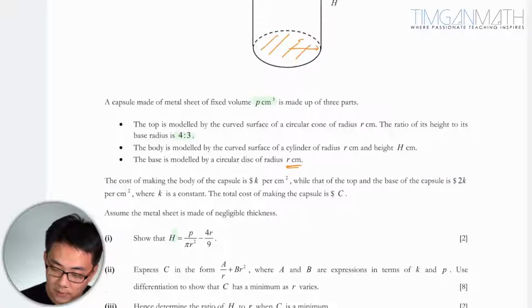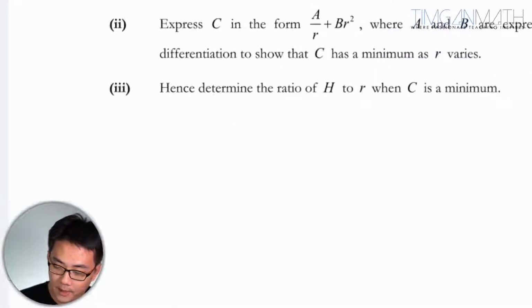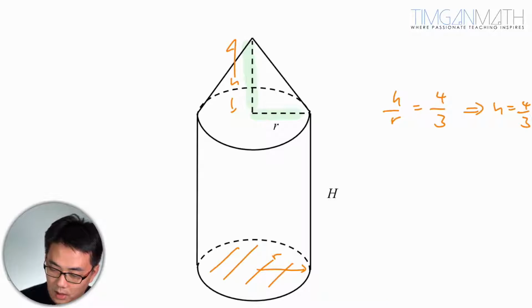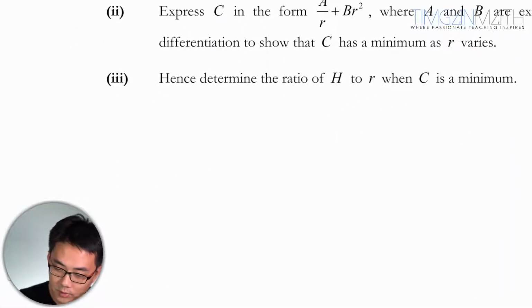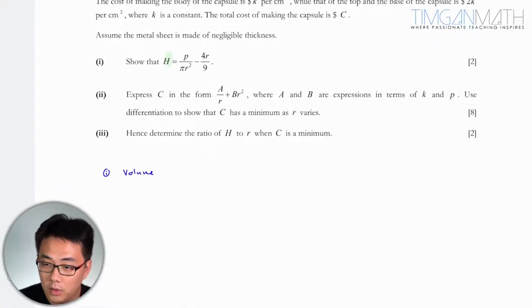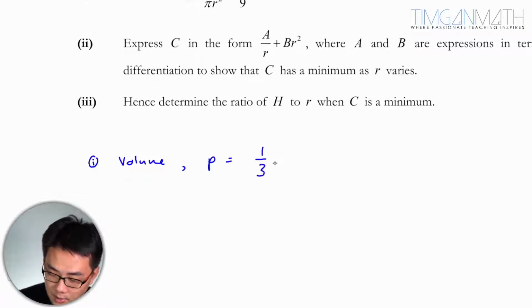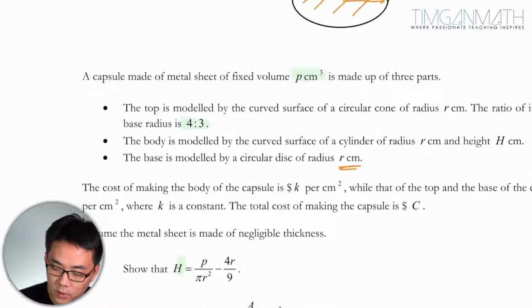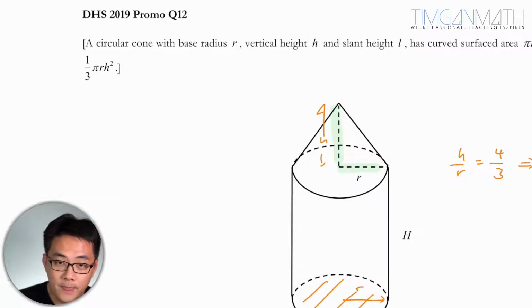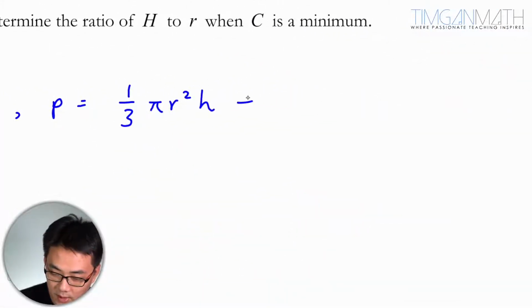Volume is actually P. So we're going to write this down. So part 2, volume of the whole thing. The volume of the capsule is P, which is 1/3 pi r square h, the volume of the cone with this small h, plus pi r square big H for the cylinder.